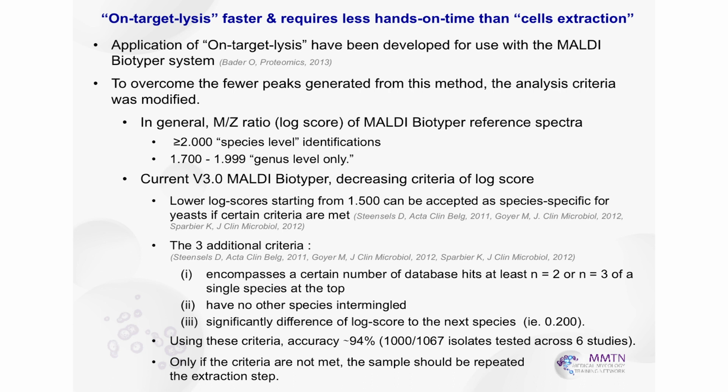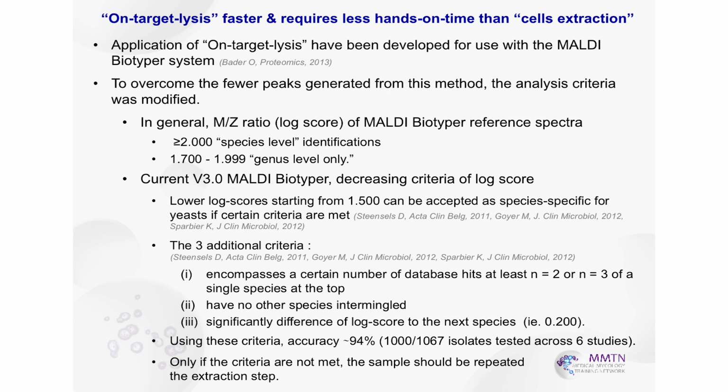So they try to adjust the cutoff. This is the current one of the Biotyper. They try to decrease the criteria of the log score. Starting from 1.5 can be accepted as species specific for yeast.